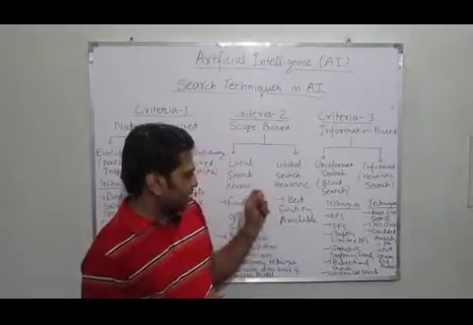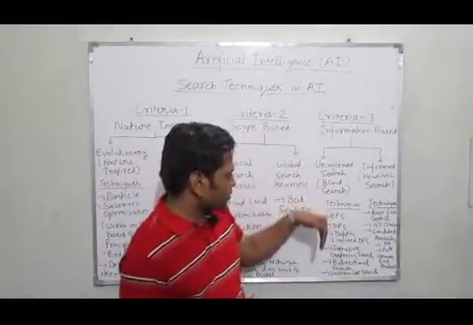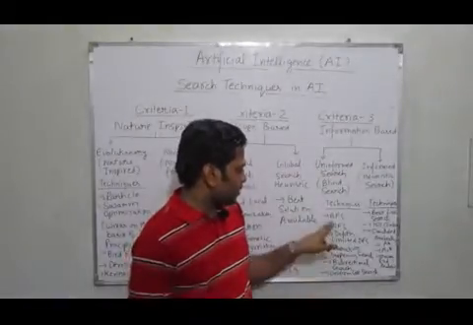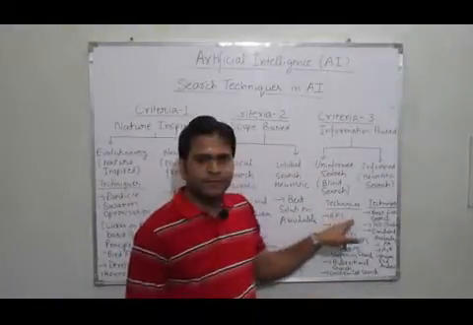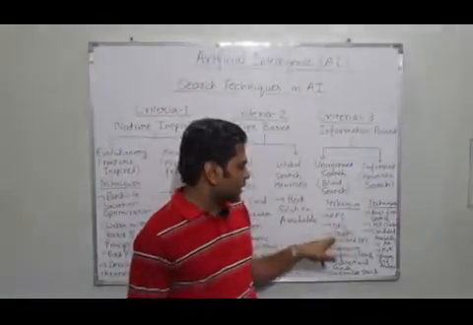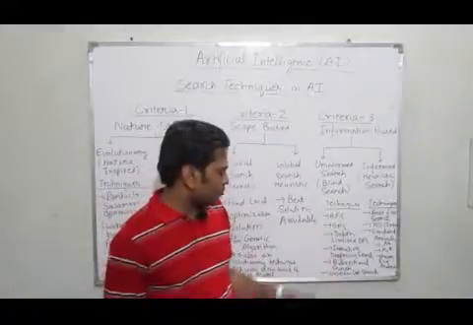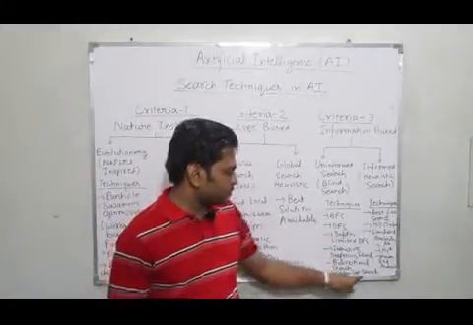And the techniques which are used under uninformed search are BFS, that is breadth first search, DFS, that is depth first search, depth limited DFS, iterative deepening search, and bidirectional search.